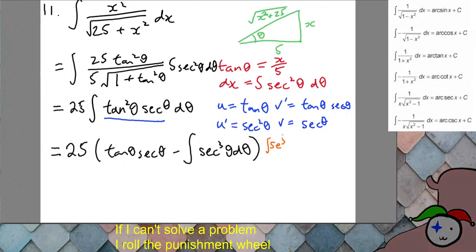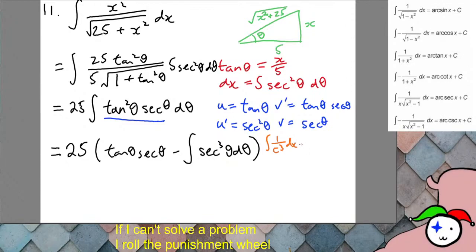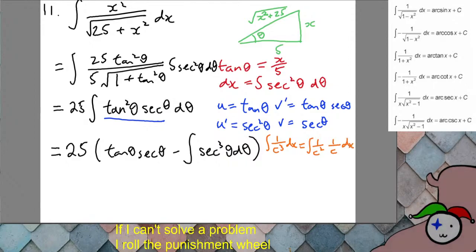I guess at this point for simplicity's sake, I will write it as 1 over cos cubed dx, which is also equal to 1 over cos squared times 1 over cos dx.